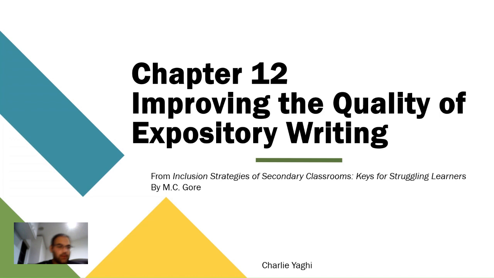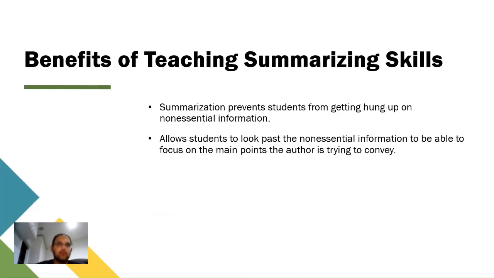So, the first part I want to talk about is teaching summarizing. This is important because many students, when trying to comprehend the entirety of a text, can have difficulty because they can get hung up on a single sentence or two, or even a single word.